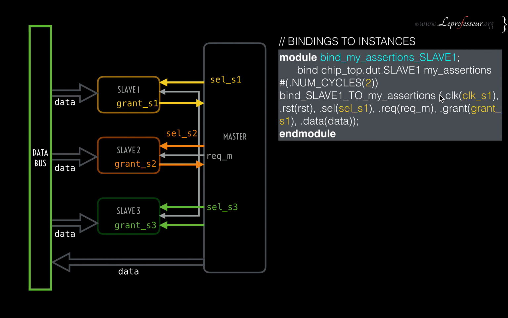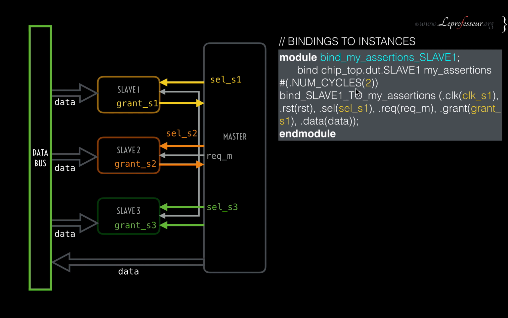Then clock: here I am referring to those assertions with respect to the clock of slave 1. Reset, select with respect to the select signal for slave 1. Request: master sends the same request to all of them, and the grant with respect to slave 1, grant underscore s1, and the data, which is common, the data bus.